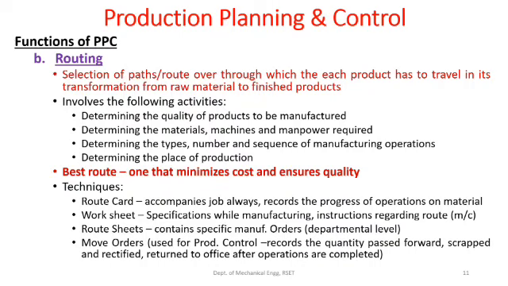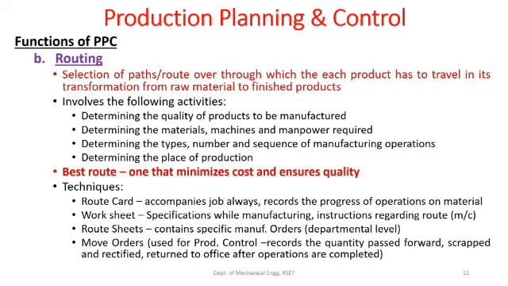The quality of products to be manufactured determines the resources required, like what is the material required, what are the machines required, where do you carry out the production, what is the sequence of manufacturing operations to be carried out, etc. So determining the quality of the products that need to be manufactured is the very first activity in routing.